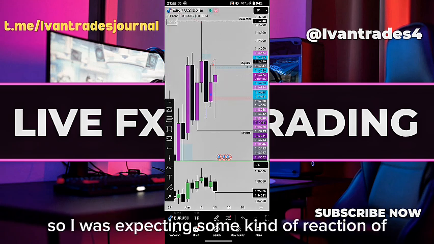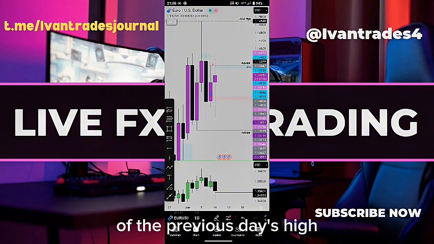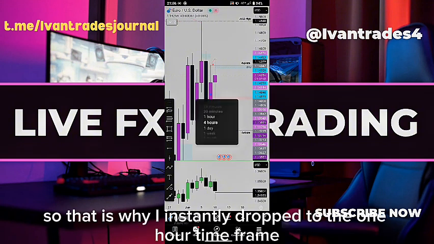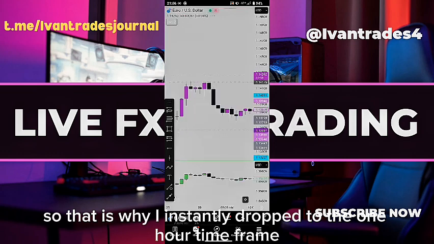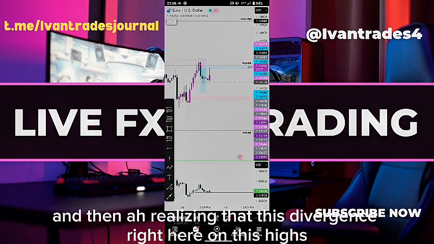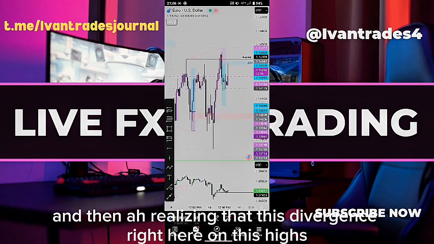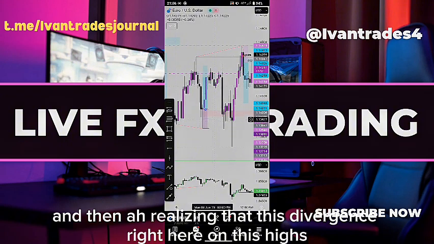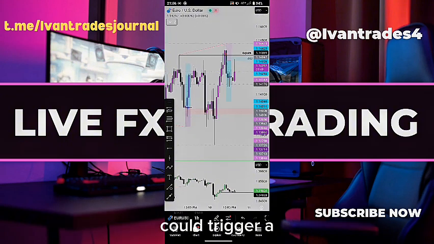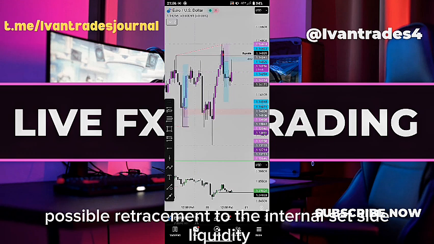So I was expecting some kind of reaction off of the previous day's high. That is why I instantly dropped to the 1 hour time frame, realizing that this divergence right here on these highs could trigger a possible retracement to the internal sell side liquidity.